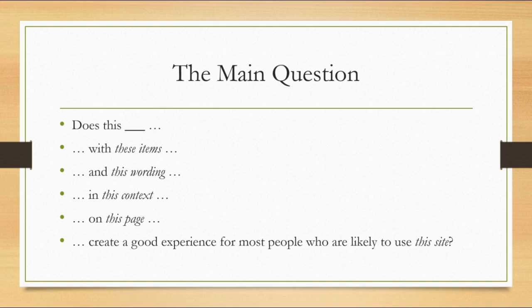So it comes down to the main question. Main question is, does this, whatever, from a menu to a graphic to a list, a menu, drop-down list, radio buttons, whatever it is, this object, this control, with these items and this wording in this context on this page, create a good experience for most people who are likely to use this site?